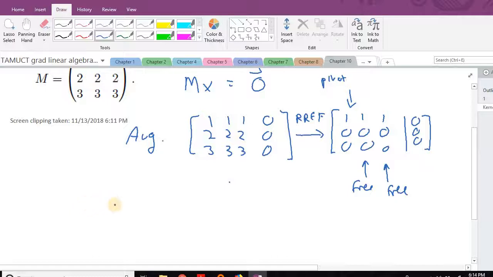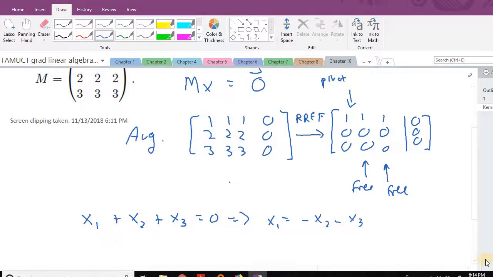So what's the best way to do this? Well, one way is to write the equation as x1 plus x2 plus x3 equals 0. So you can write that as x1 equal to minus x2 minus x3.